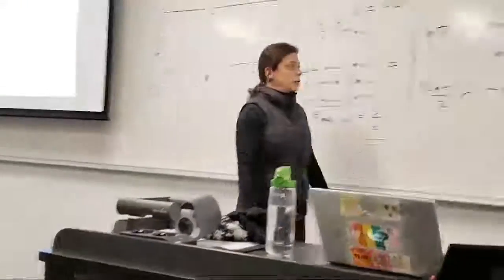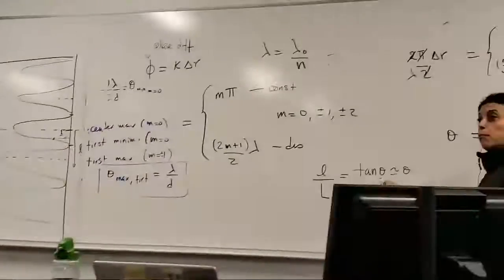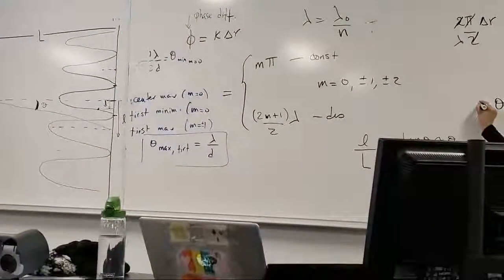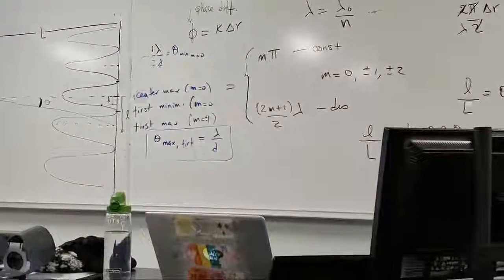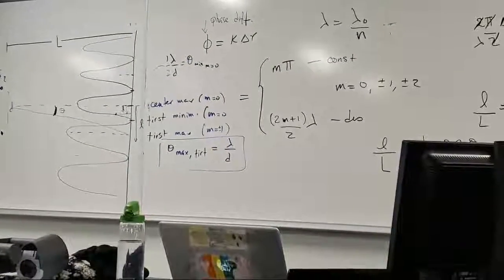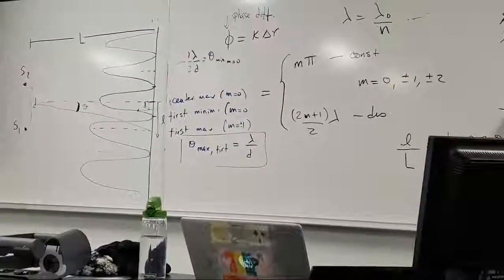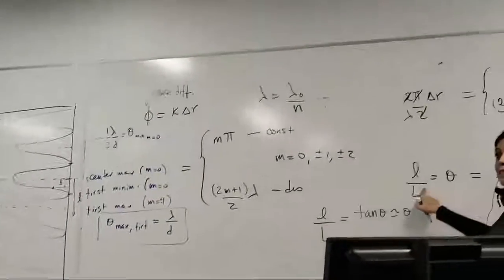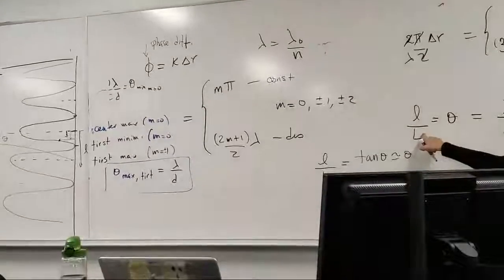I sort of already gave you the answer. Because it's a very small angle, I can say that theta is equal to l over big L. I'm given l, it's 1 millimeter. I'm given the distance of the two slits to the screen, 1 meter.